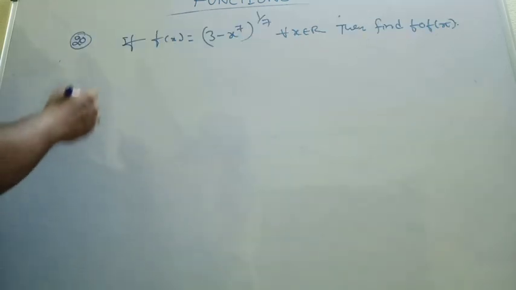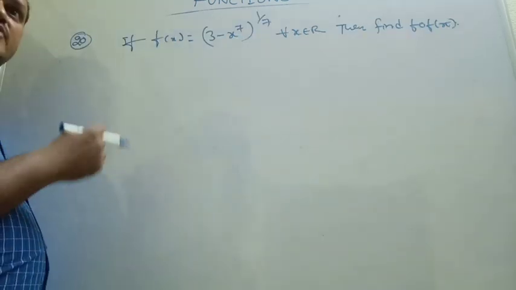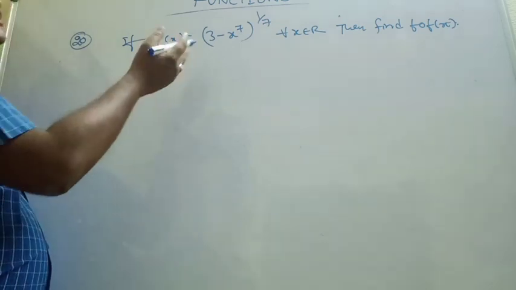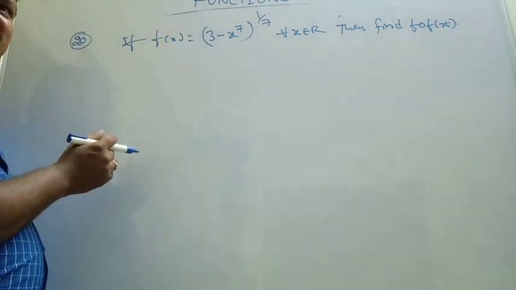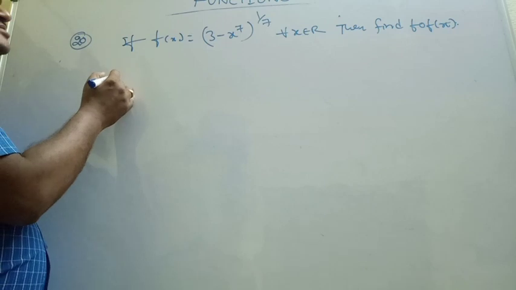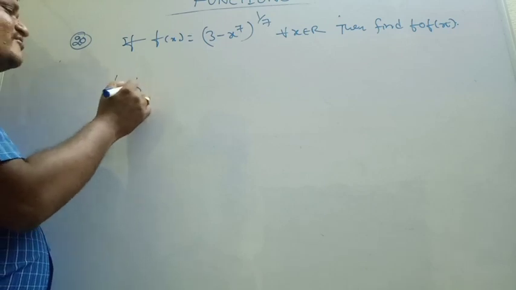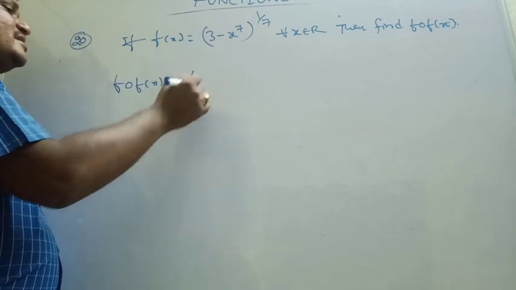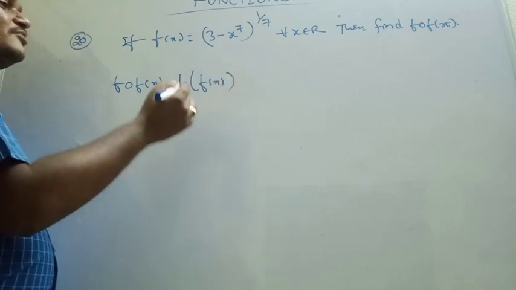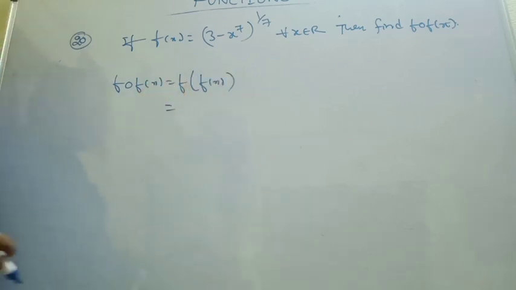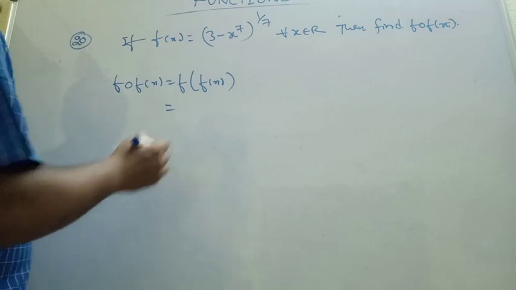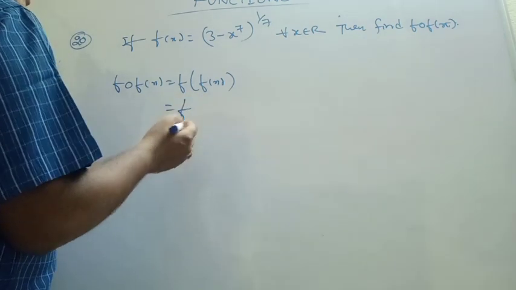See this problem, the last problem of this class. F of x is equal to this. Then find f circle f of x. That means, my dear students, f circle f of x is nothing but f of f of x.